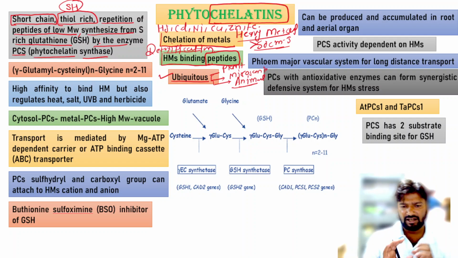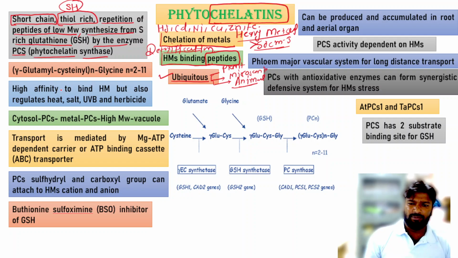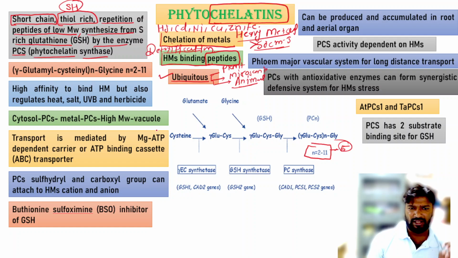So friends, these are the characteristics of phytochelatins. They are short chain peptides, generally 2 to 11 residues long, but generally only 5, not more than this. In some cases it reaches 11.